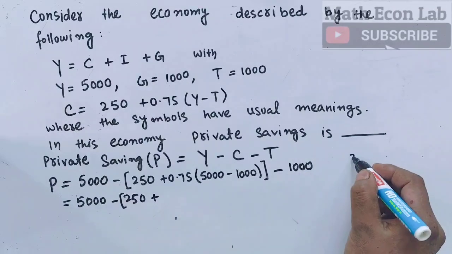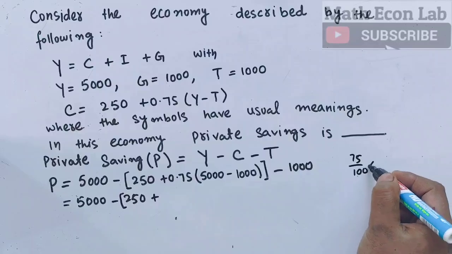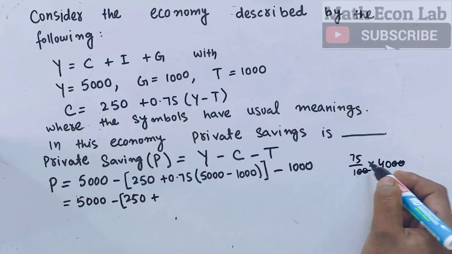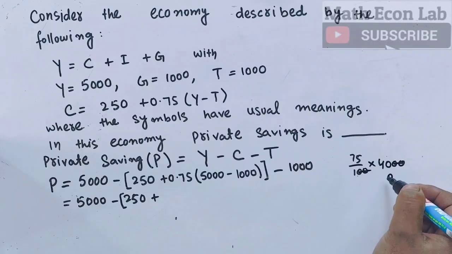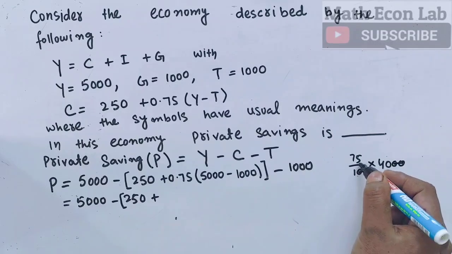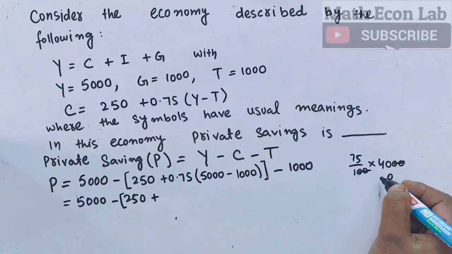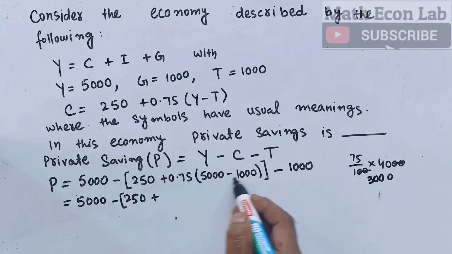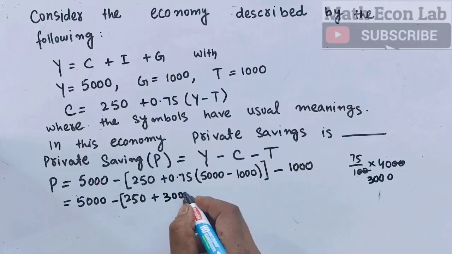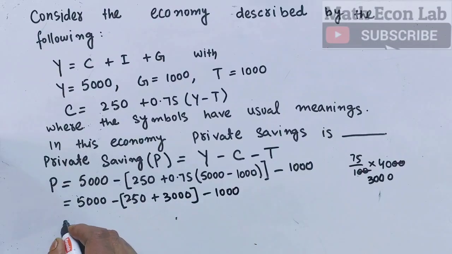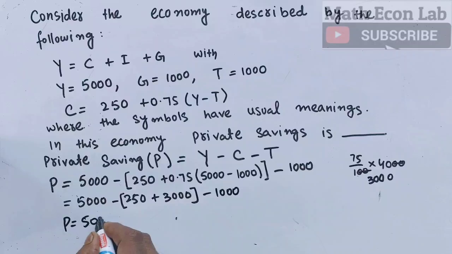Now 0.75 is 75 upon 100 times 4,000, so this gets cancelled, and 4 fives are 20, 4 sevens are 28, 29, 30, so we get here 3,000. So this term becomes 3,000. To this we subtract 1,000.